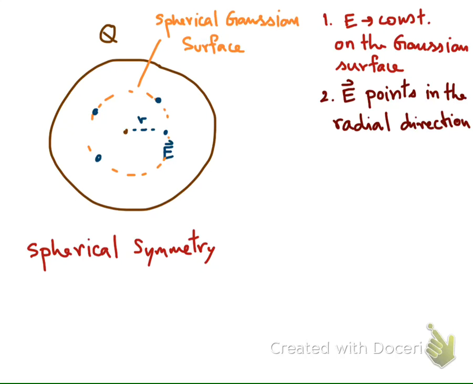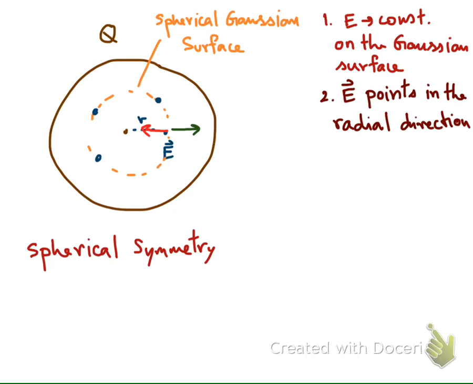As in the previous example, if the charge is positive, E must point outward in the radial direction, but if the charge is negative, E must point inward, also in the radial direction.